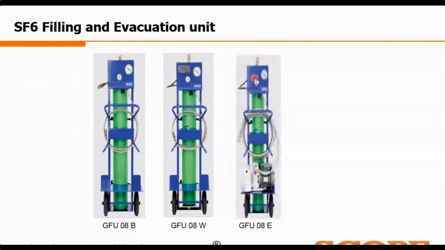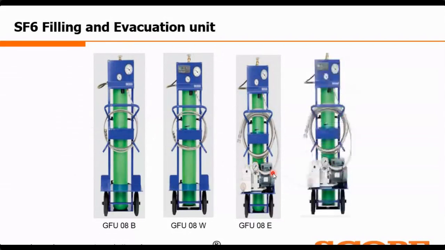Additionally, we have the GFU08E. You can see the difference between the basic model and this model is that an additional vacuum pump is installed here. So with the help of GFU08E, you can do the filling as well as the evacuation, that is the vacuum operation. And we have the ultimate solution, that is the GFU08C.